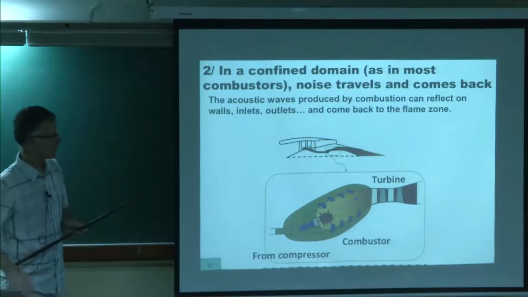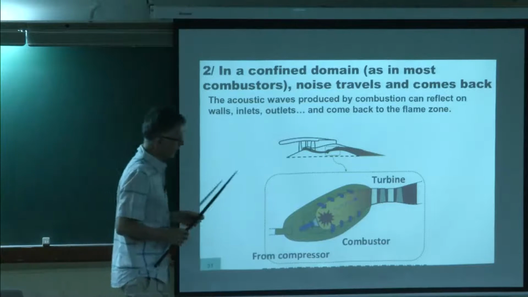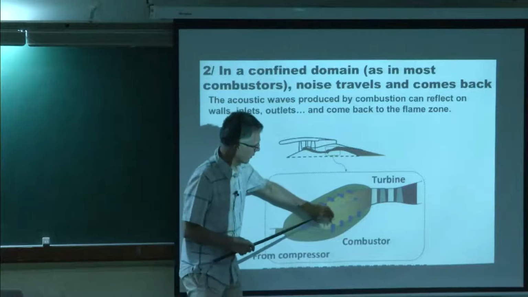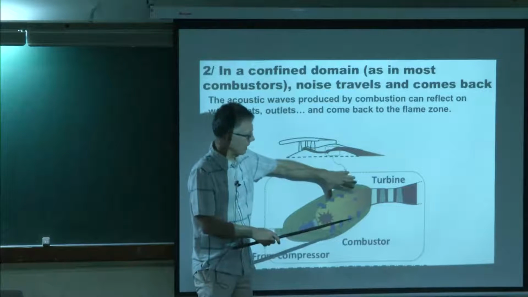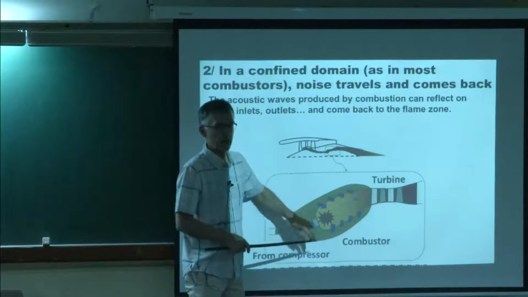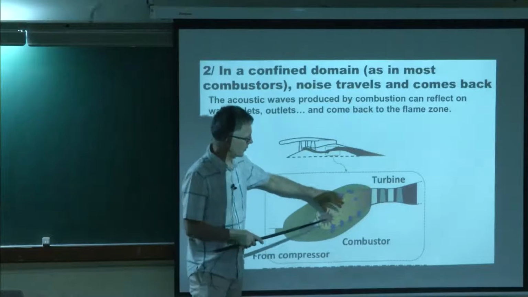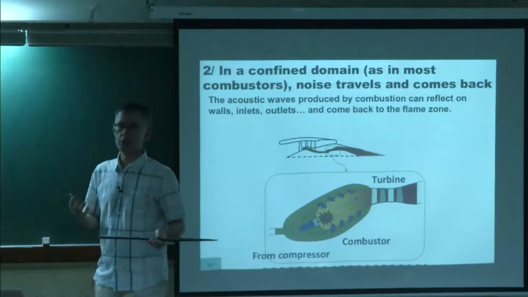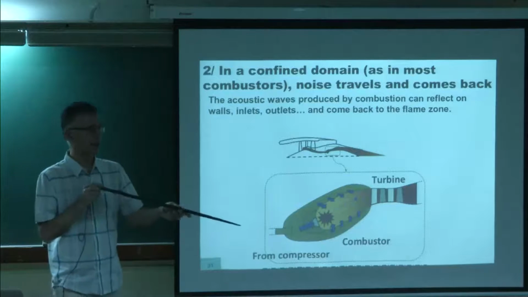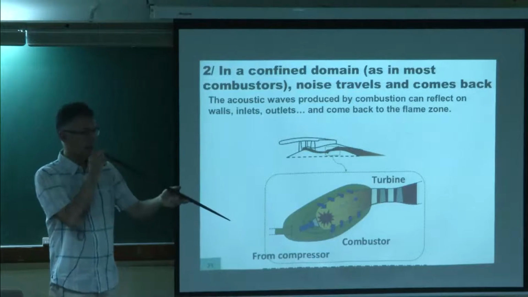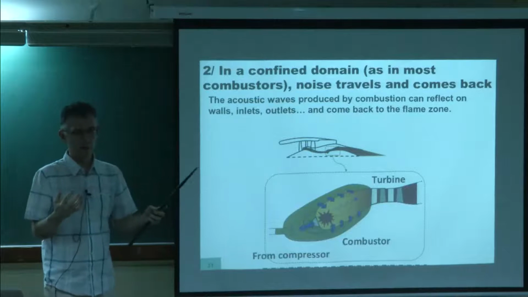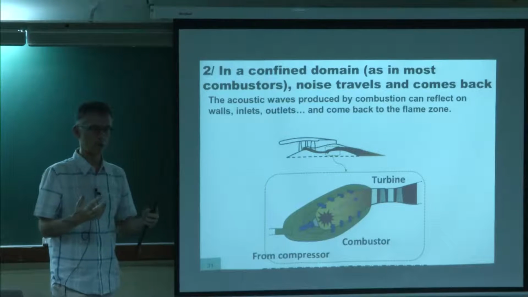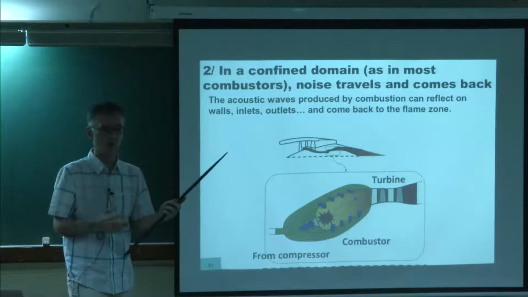Now, if you do the same thing in a confined domain, this flame will start doing what we just saw. It will emit waves, but then these waves will come back. Even if they don't change the flame, these waves are produced in a closed domain. So it's exactly like a musical instrument. If you take any closed shape and you blow in it, you will excite the acoustic eigenmodes of this system.